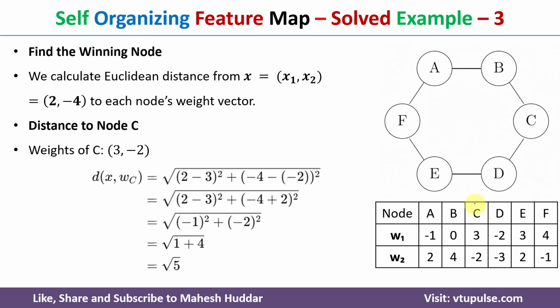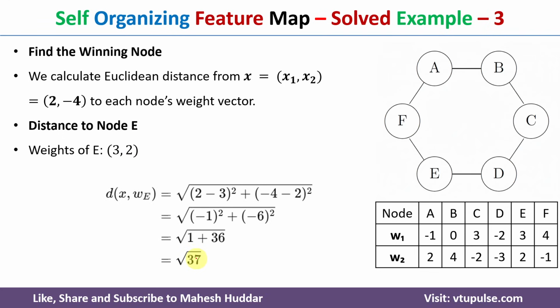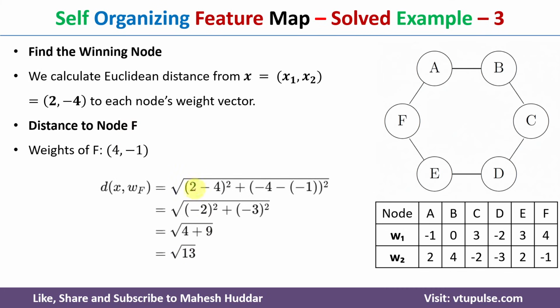Next, I will consider node C. For this one, initial weights are 3 and -2. By using the initial weights and x1 and x2 values, we get the distance to node C as square root of 5. Similarly, for node D, we got the distance as square root of 17, for node E, square root of 37, and for node F, we got the distance as square root of 13.